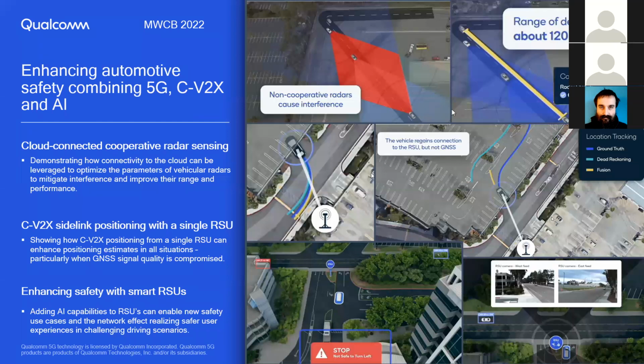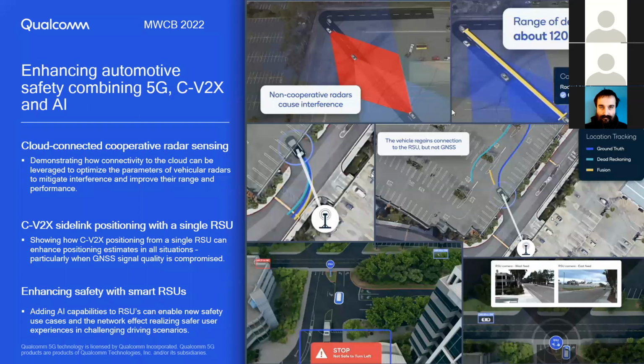And then the last use case is somewhat similar and connected to what we have seen in the last talk, where we have a smart RSU that provides extra safety benefit to other vehicles on the road. The thing that I really like about this RSU is that it's not a big one.